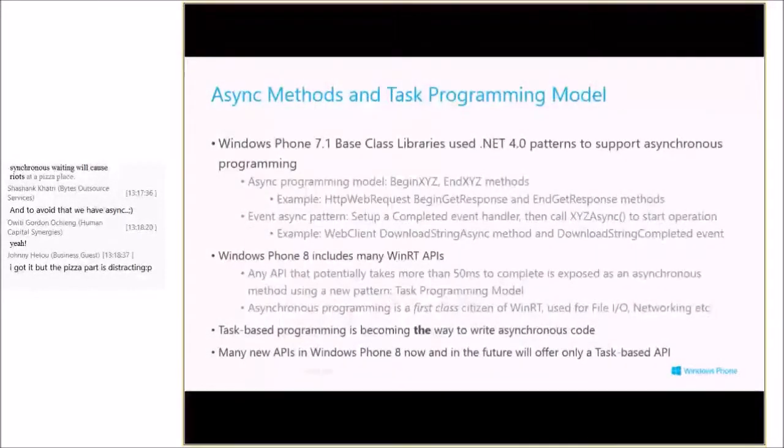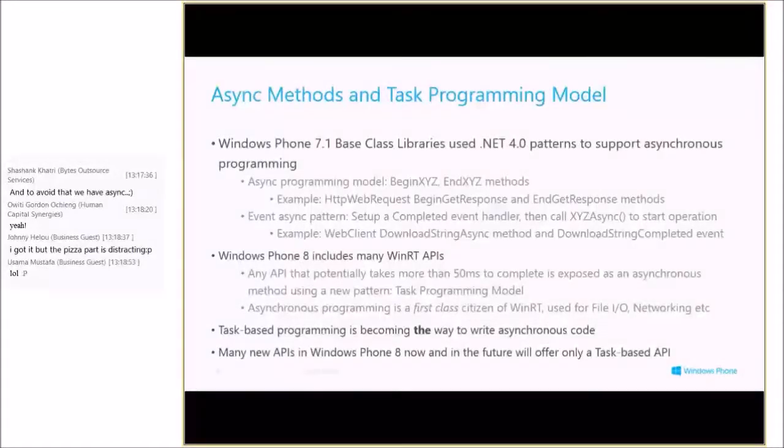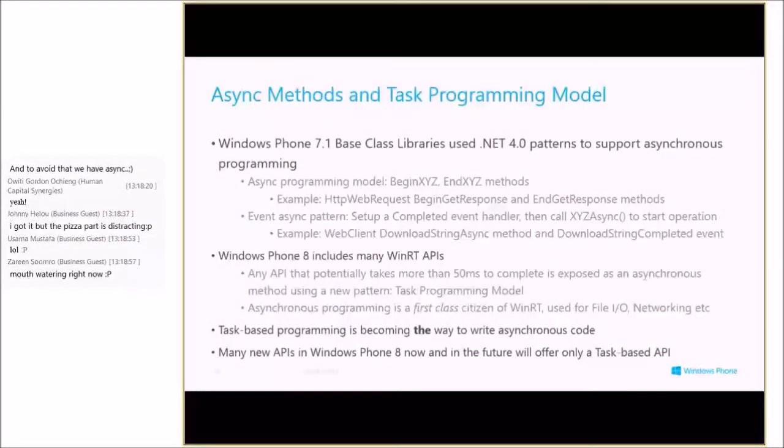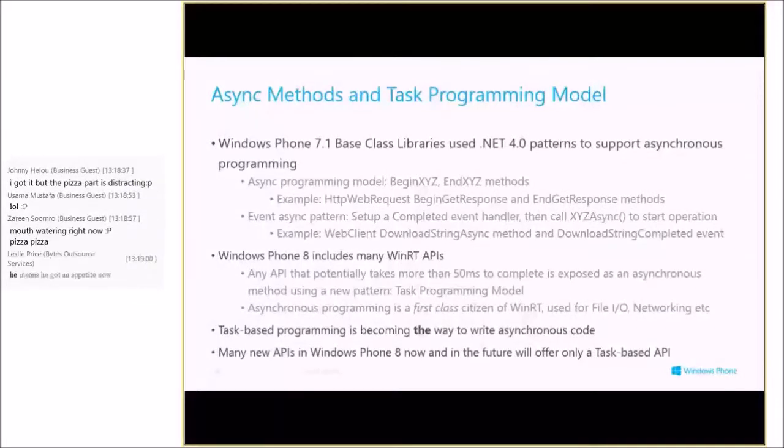So the Windows Phone 7.1 base class libraries, in the .NET 4.0 patterns, supported asynchronous programming. However, the async programming model used the begin and end methods. For example, we can use that in HttpWebRequest BeginGetResponse and EndGetResponse if you're familiar with web services. The event-based asynchronous pattern is what we used to use in 7.1.